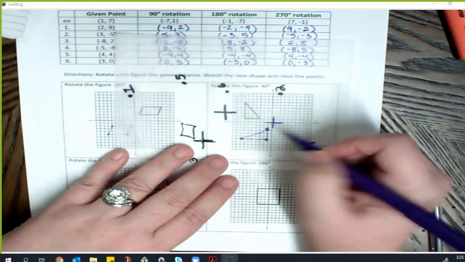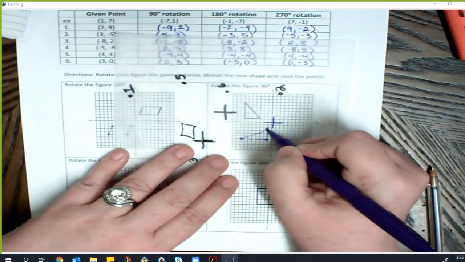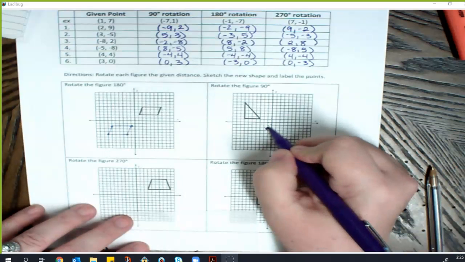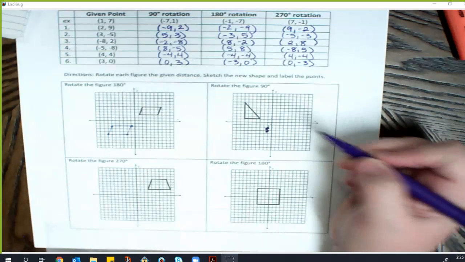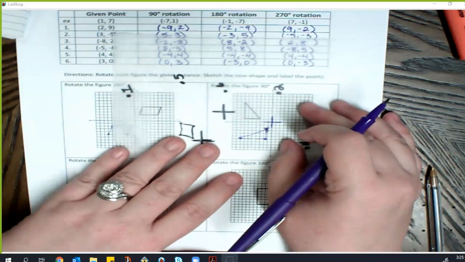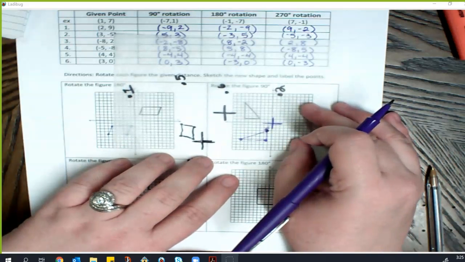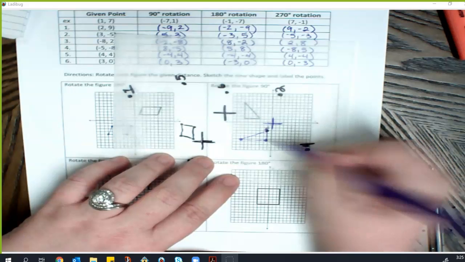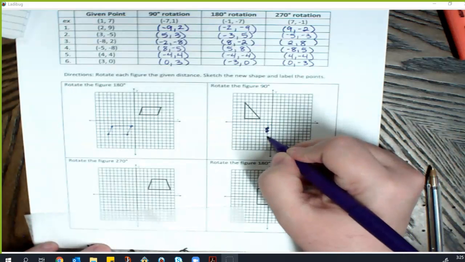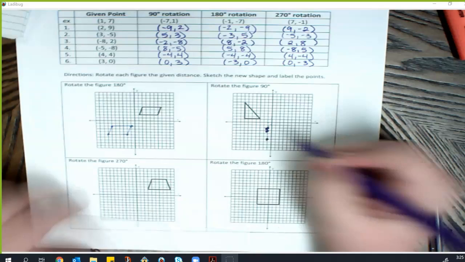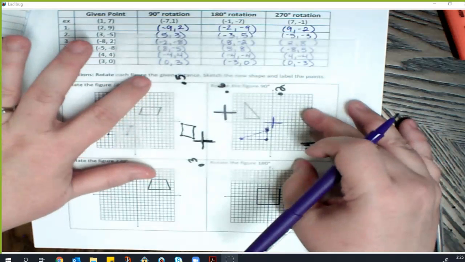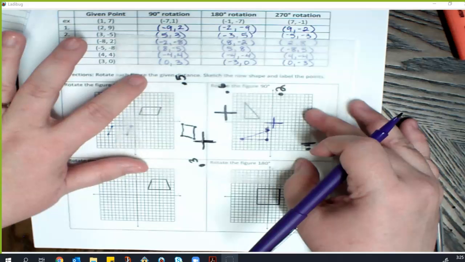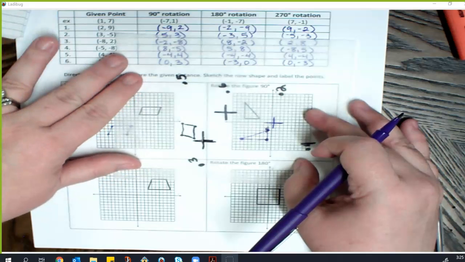Oh, I was off. It's -1, -3, not -2. I didn't have it lined up correctly. -3, and then I go down 1, 2, 3 more. Once you have 1 point, you can kind of count for the remaining ones, or you can plot the ordered pairs.